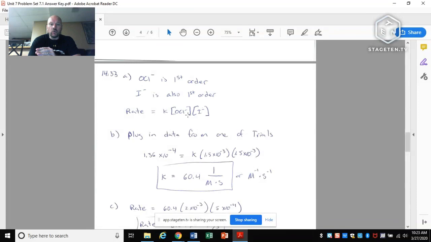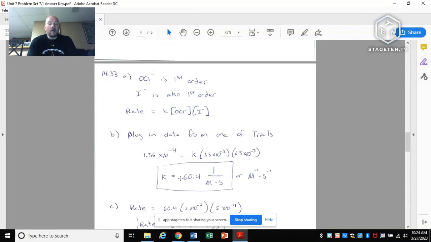So that means the reaction order is 2. And so the units for K would be 1 over molarity raised to the reaction order minus 1, which is 2 minus 1. So 2 minus 1 is 1. So it's 1 over molarity raised to the first power times seconds. That's how we get our units for K.